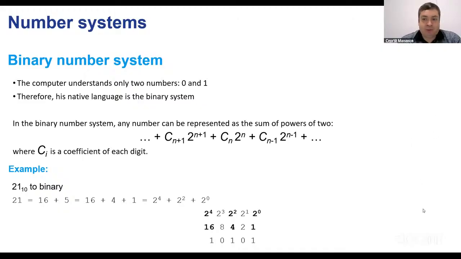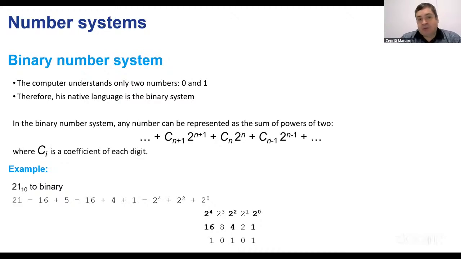So we have a computer. It is quite a smart device, but it understands only two numbers, zeros and ones, because its native language is binary number systems. So let's remind briefly this binary system.